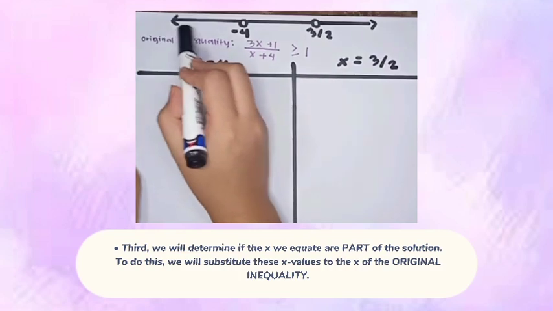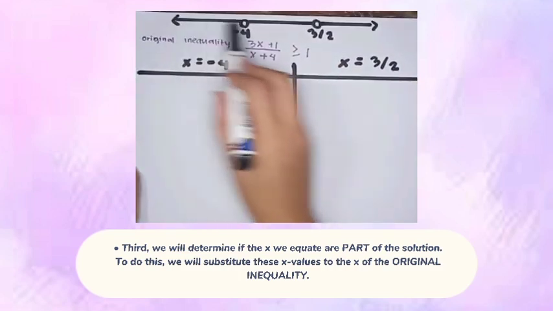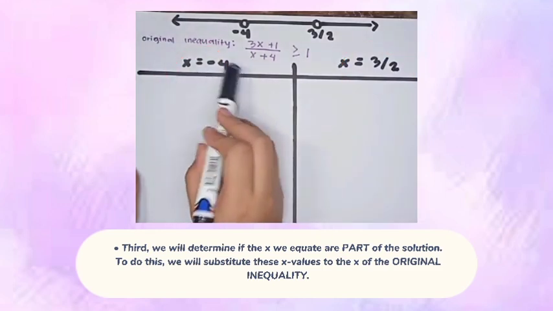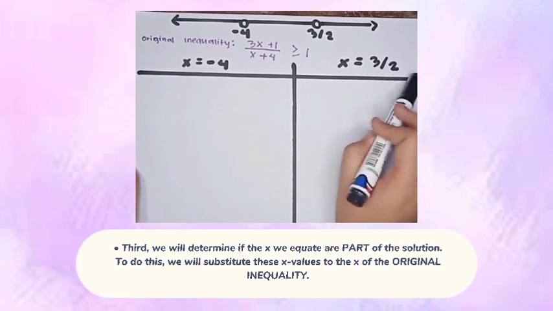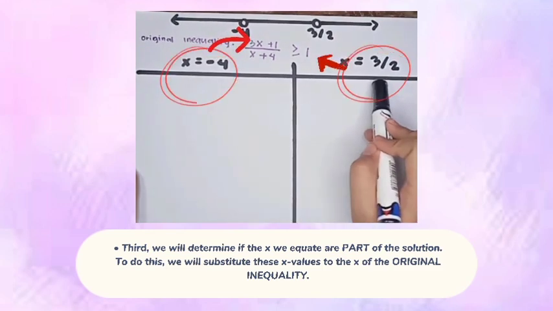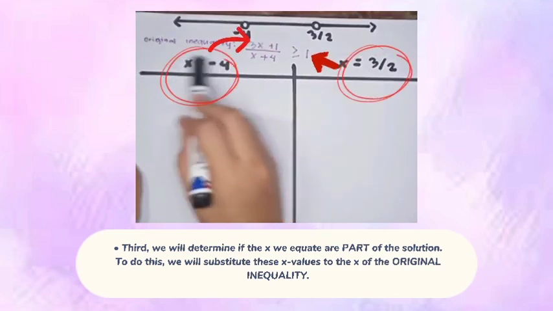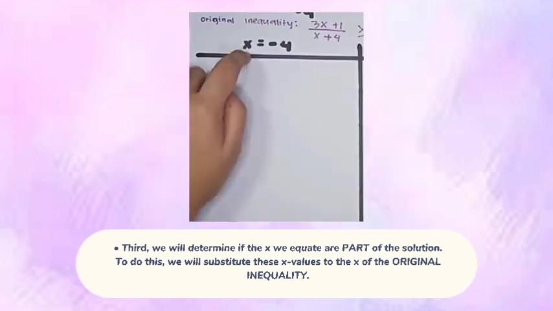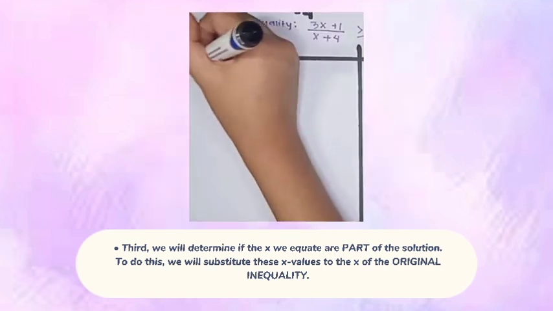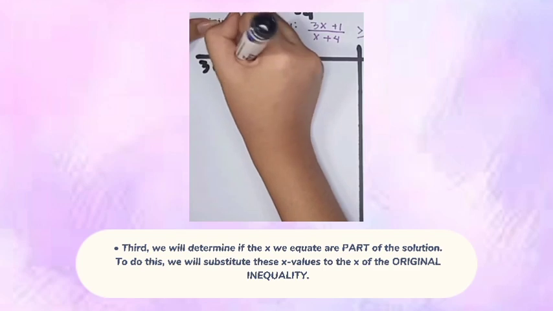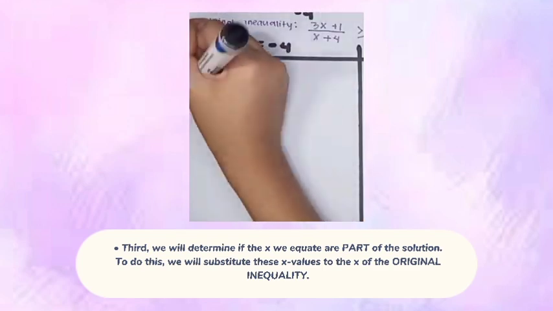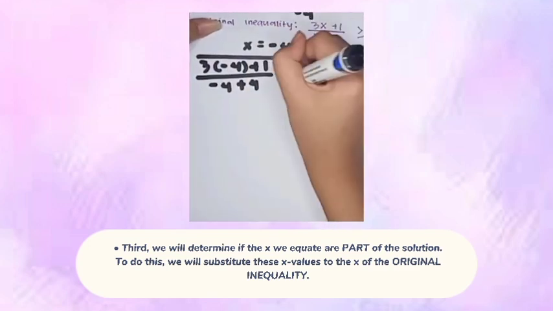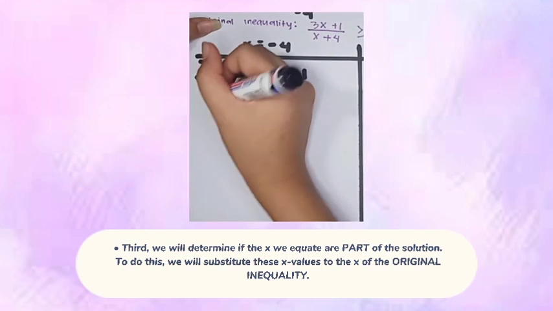Now that we have our number line, we will determine if these x values are part of the solution. To do this, we will substitute them for the x in the original inequality. So we have 3 times negative 4 plus 1 over negative 4 plus 4 greater than or equal to 1.